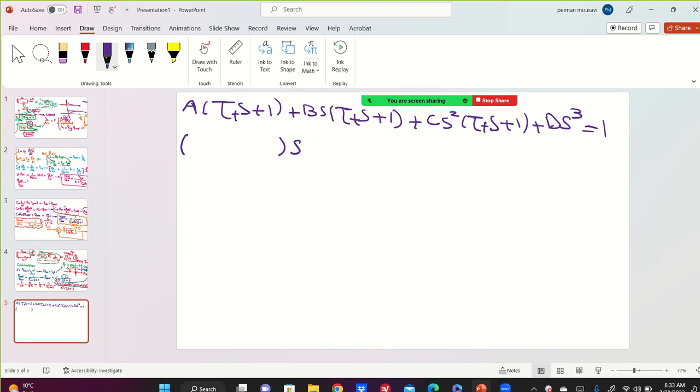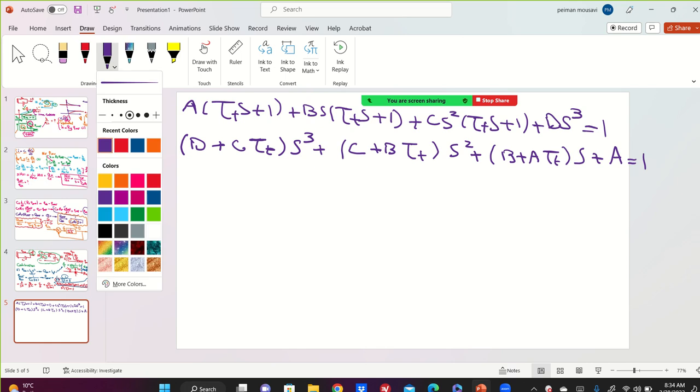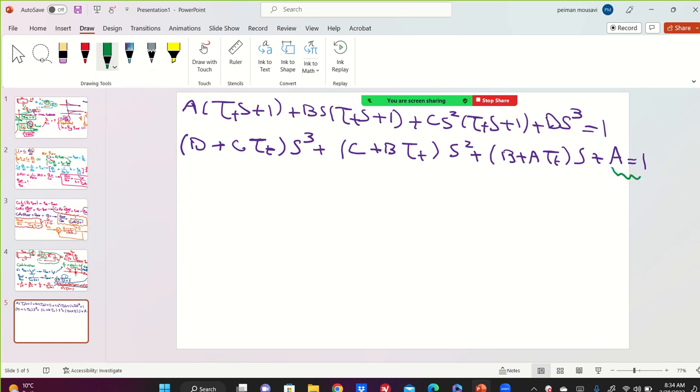S cubed is D plus C tau T. S squared is C plus B tau T. S is B plus A tau T. And finally you have A equals 1. Being said, you easily understand A is 1.